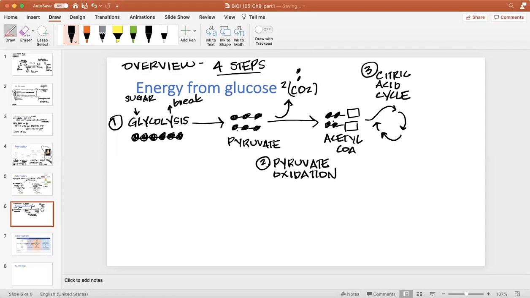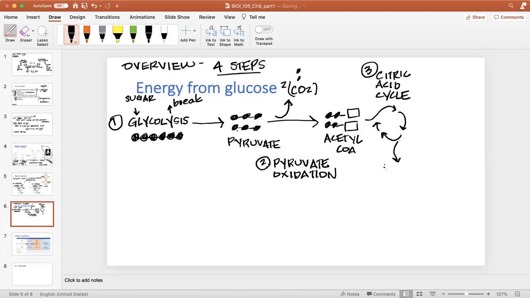Okay, and what's going to happen is this: for each acetyl-CoA that goes in, you're going to lose 2 carbon dioxide. So if you have 1 acetyl-CoA go in, you're going to lose 2 carbon dioxide, and then the second one, you'll lose 2 carbon dioxide.